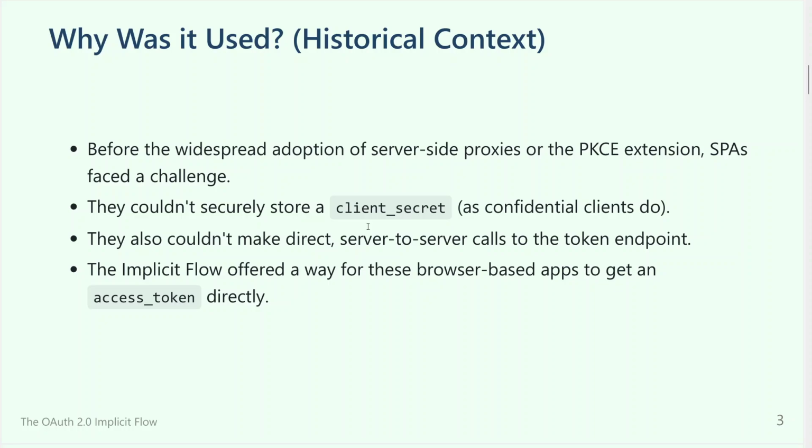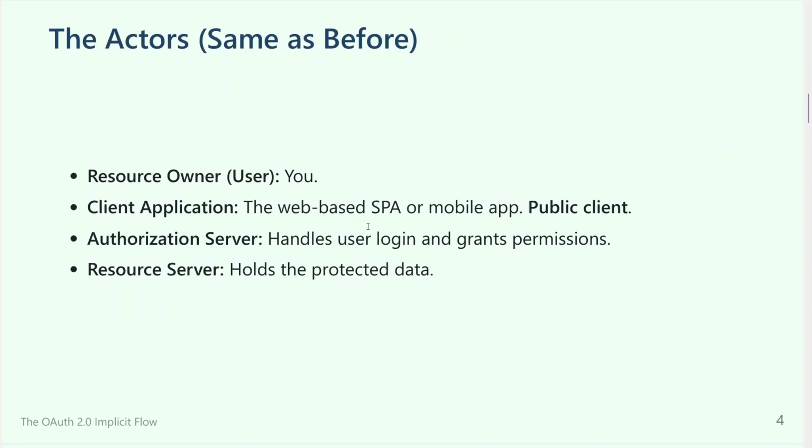The other way, if you saw my previous video, is to use PKCE, which allows you to use code verifier and code challenge to replace the client secret. So it's safe to use that flow. But in the past there was the current flow, and this was the one that was used. And let's see the details.